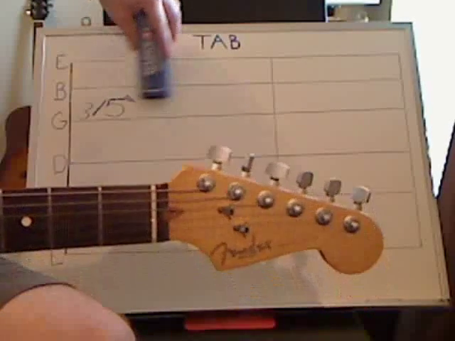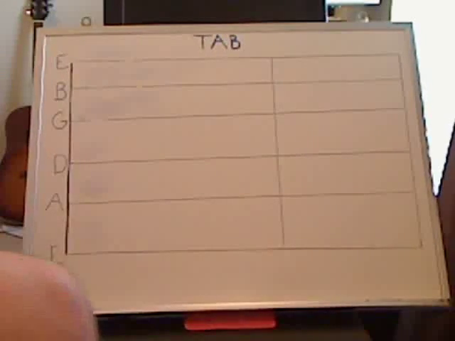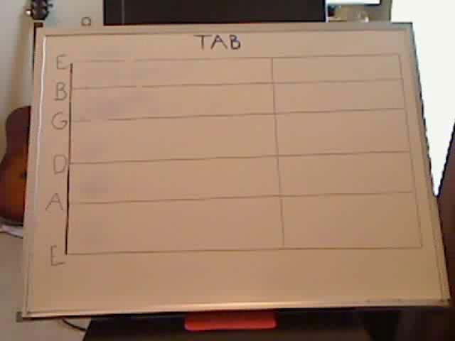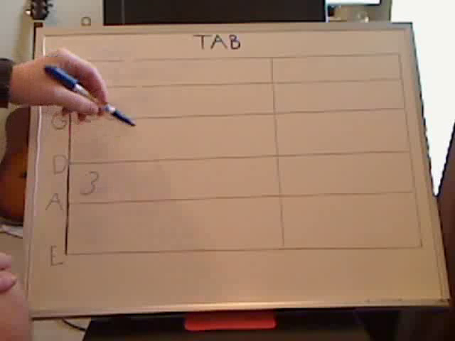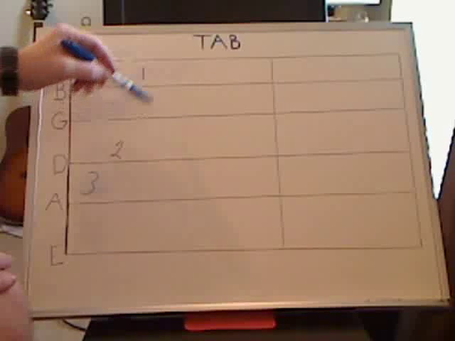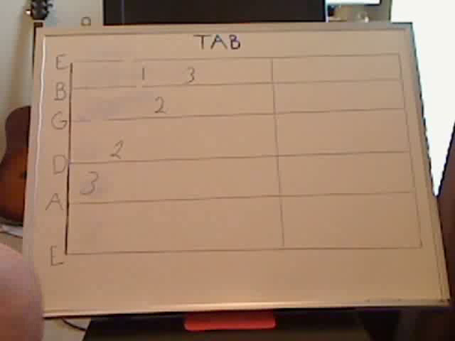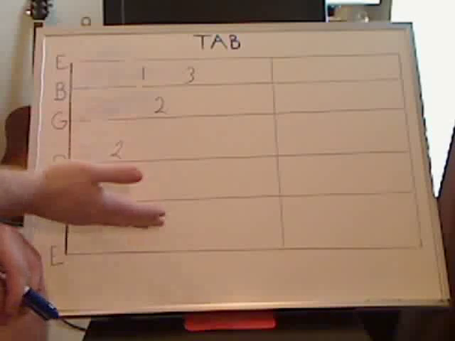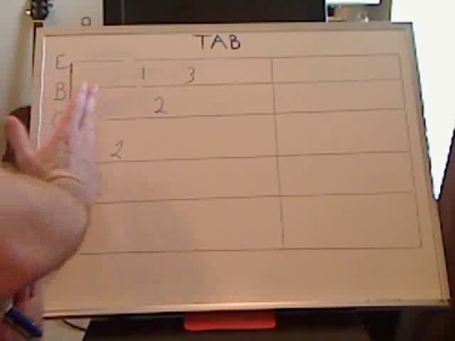So to make that a little clearer, if I have something looking like this, here we go. Let's say I had a 3rd fret here, then 2nd fret. I don't worry about where these fall up and down the strings. I'm just strictly reading from left to right.